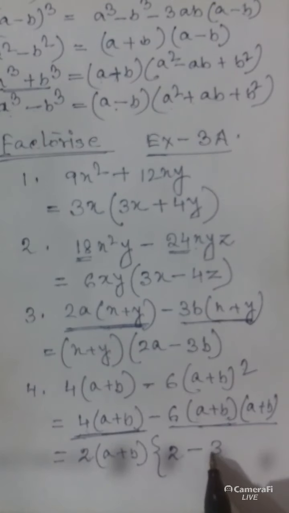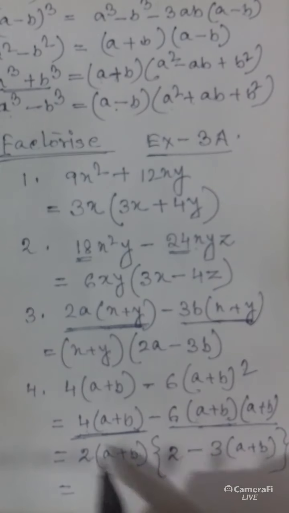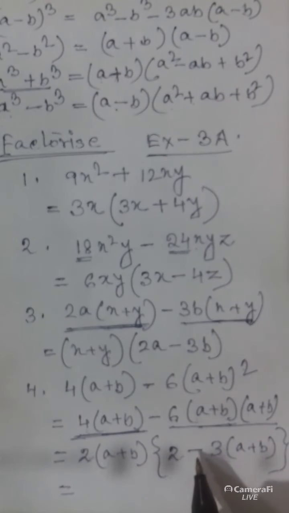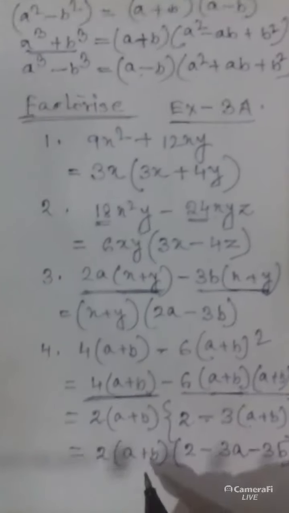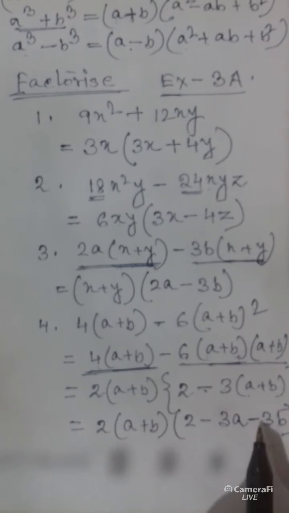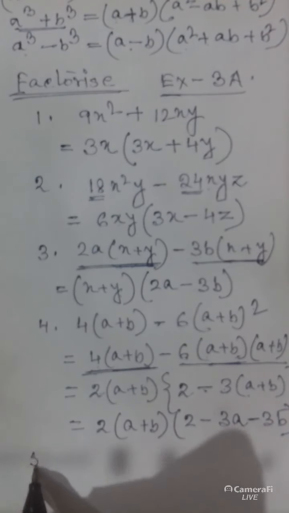And here 2 3s are 6 and one (a plus b) is also left. So the answer is 2 into (a plus b) into (2 minus 3 times (a plus b)), that is, 2 minus 3a minus 3b. Now next maths.